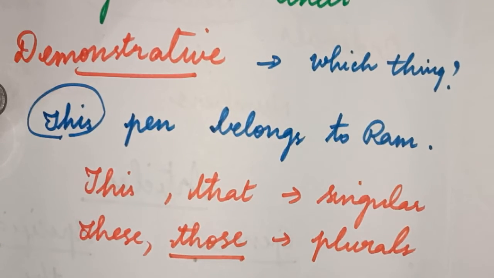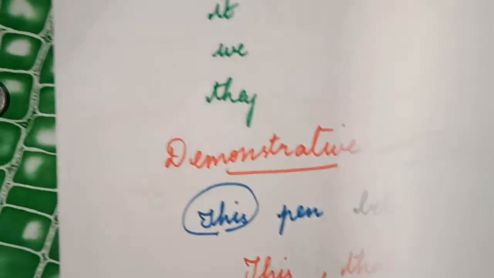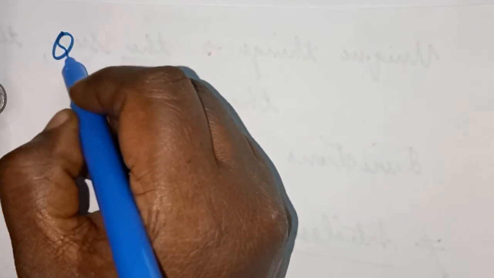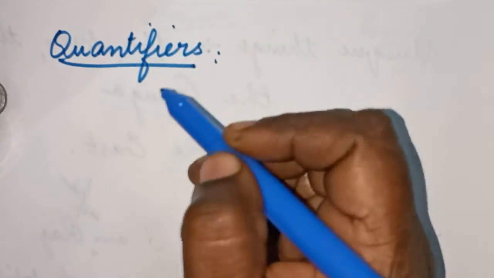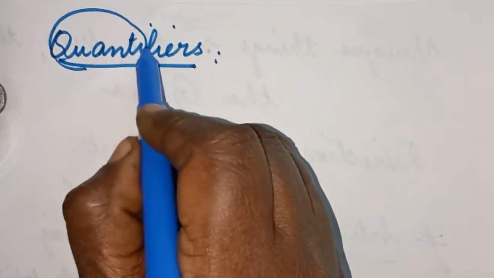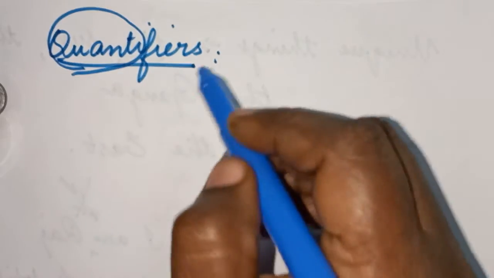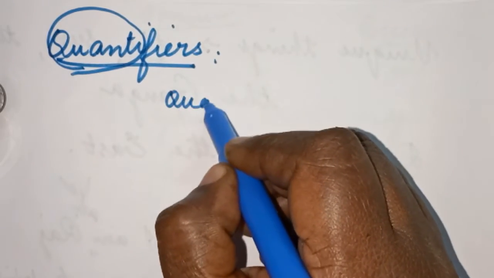The next one is quantifiers. What are quantifiers? Quantifiers just tell about the quantity or amount of something.